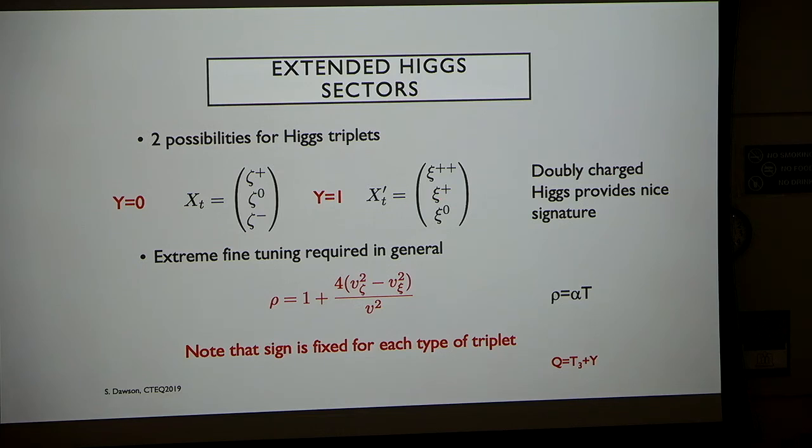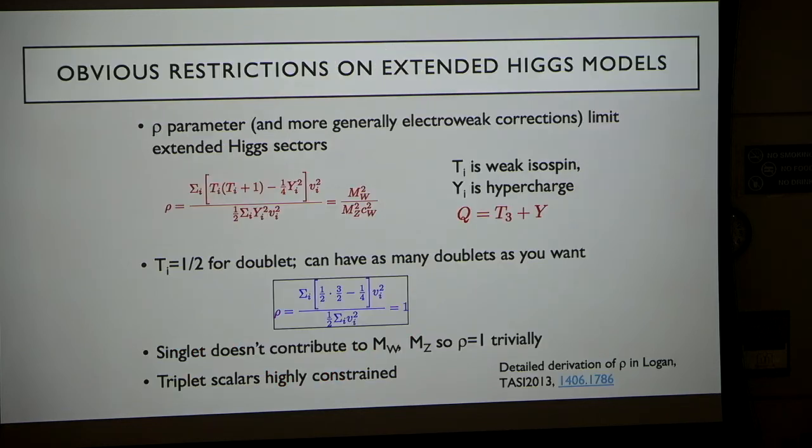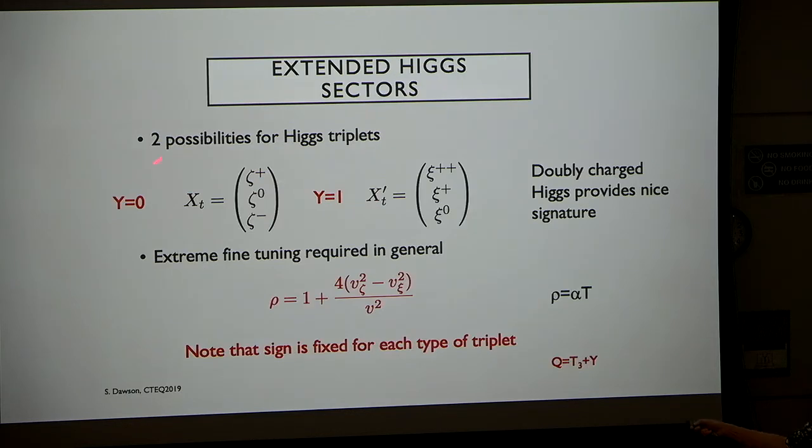Okay, so we can go back. We can take our formula here, T(T+1) minus a quarter Y squared, put in the Y equals 0 and the T's for these guys, and calculate the rho parameter. So here's the rho parameter, and it's particularly interesting. It's the VEV of the Y equals 0 squared guy, and it's minus the VEV of this guy.